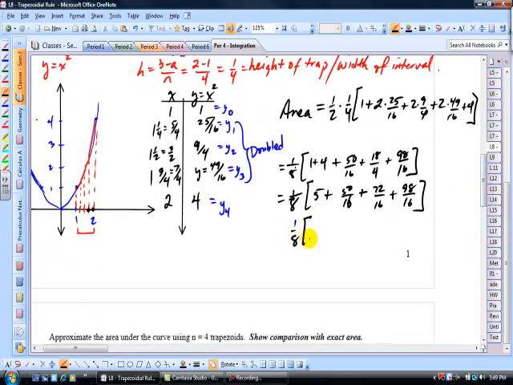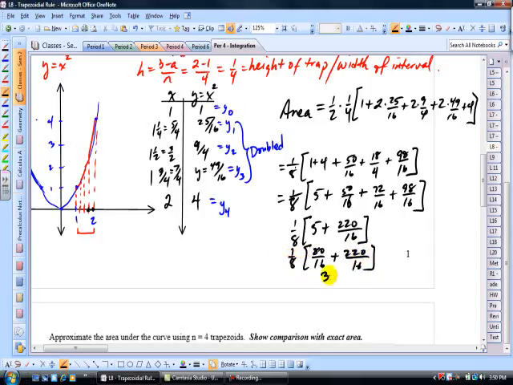So it's 1/8 times quantity 5 plus 98 and 72 is 160 plus 10, 170 plus 50 is 220. So 220 divided by 16. And let me see, 5 times 16 is 50 and 30, 80. So this is 80/16 plus 220/16.